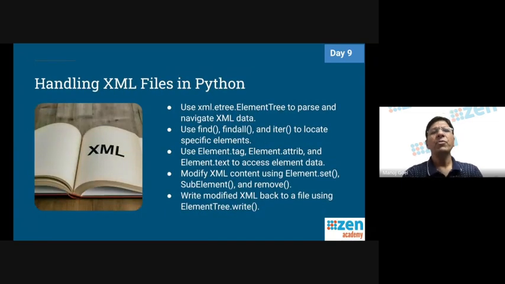In the same way, we have different methods available to process XML files. If you have an XML and you want to process the data within it, there are certain methods available. Don't get confused over here, some are very simple methods, like findall and iter to locate specific elements.